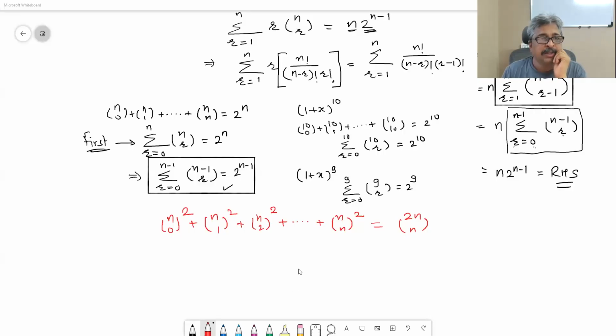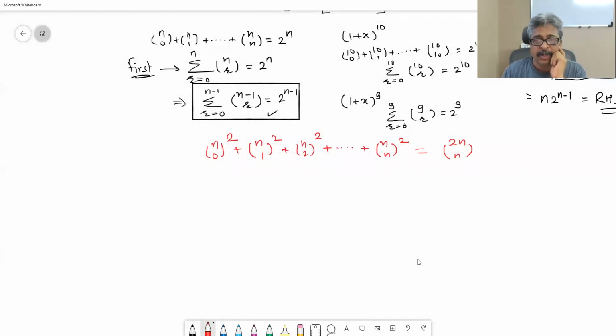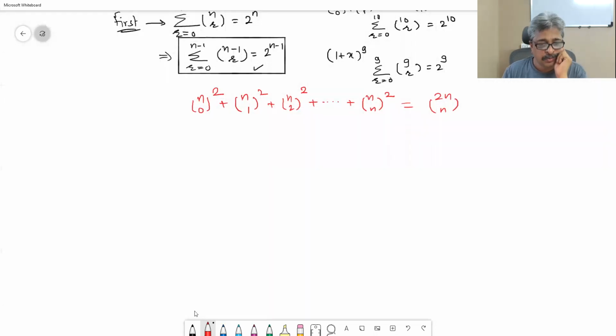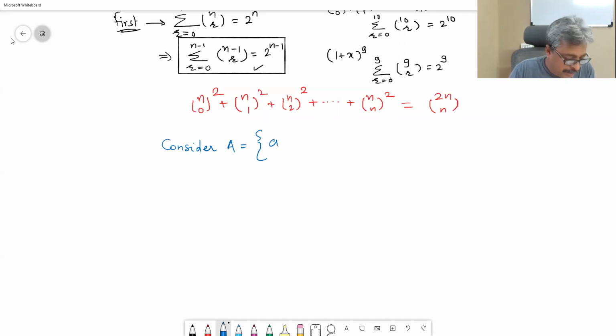Okay, let us solve a bigger problem than this. Then we will arrive at why this identity is true. The problem is as follows. Consider set A which has m elements.